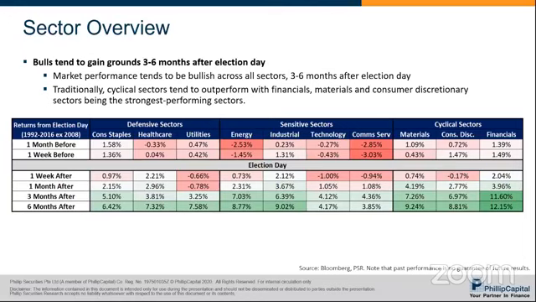Traditionally, cyclical sectors tend to outperform, with financials, materials, and consumer discretionary being the strongest performing sectors.